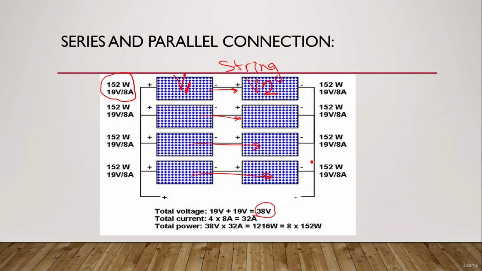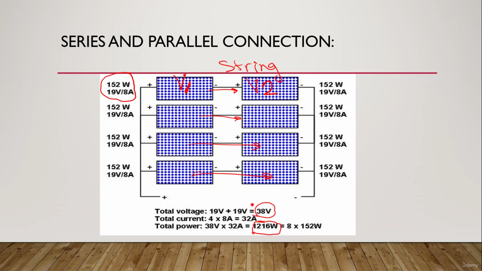The total current for these four strings is going to be 8 times 4, we're going to get 32. 32 times 38, we're going to get about 1,216 watt. So connecting series and parallel is going to increase the power of the system.